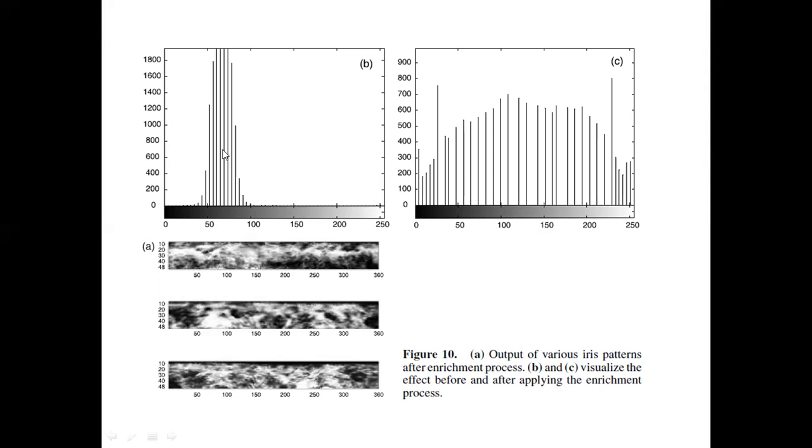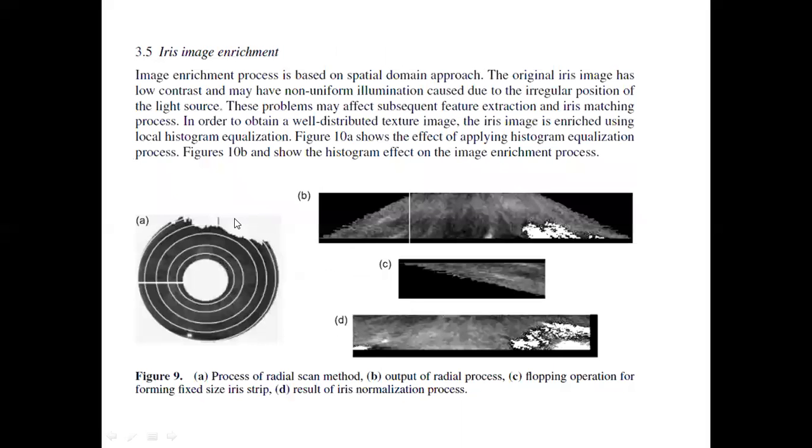This is the above figure. We have A, B, and C. B and C visualize the effect before and after the enrichment process. Before, the effect is very small, meaning the variation of the pixels is very small. Probably we cannot do feature extraction from the existing image we captured.